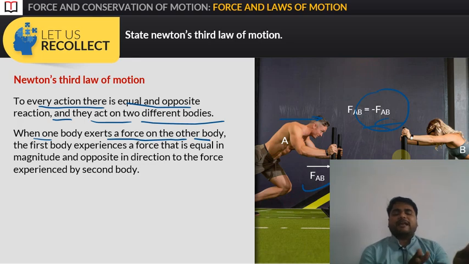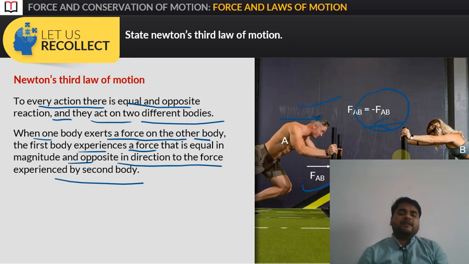From this diagram we can understand it in a much better way. When one body exerts a force on the other body, the first body experiences a force that is equal in magnitude and opposite in direction to the force experienced by the second body.